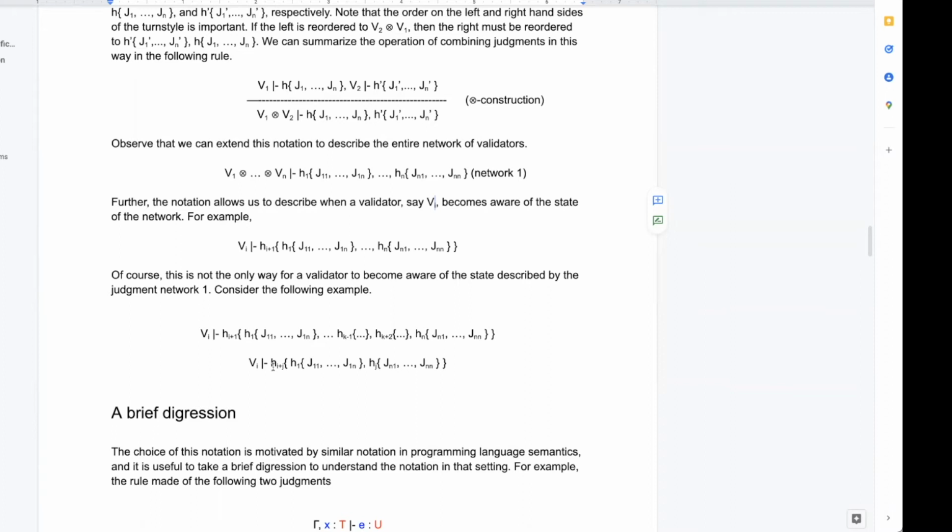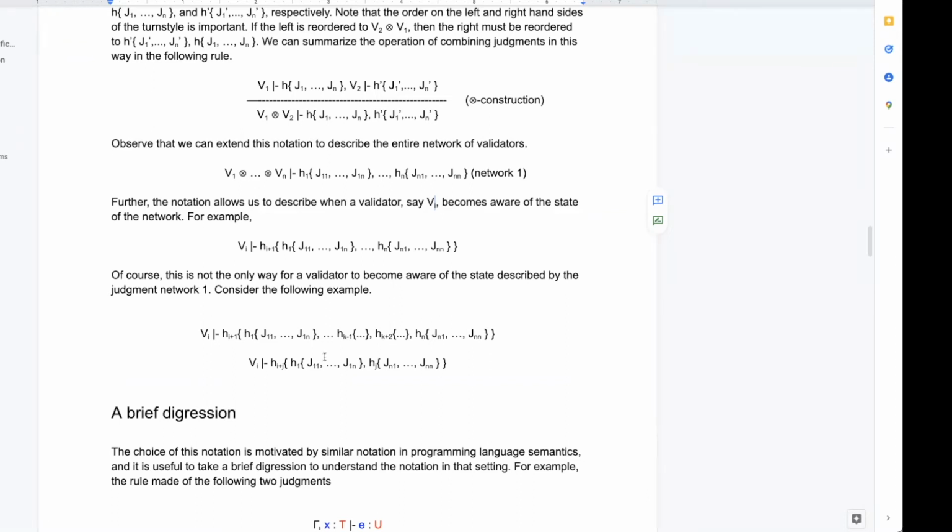And so then at some later height, say hi plus j, it gets the k and k+1 somewhere in here. Then at that point, this would be a block at which we could conclude that VI sees the state of the network here.